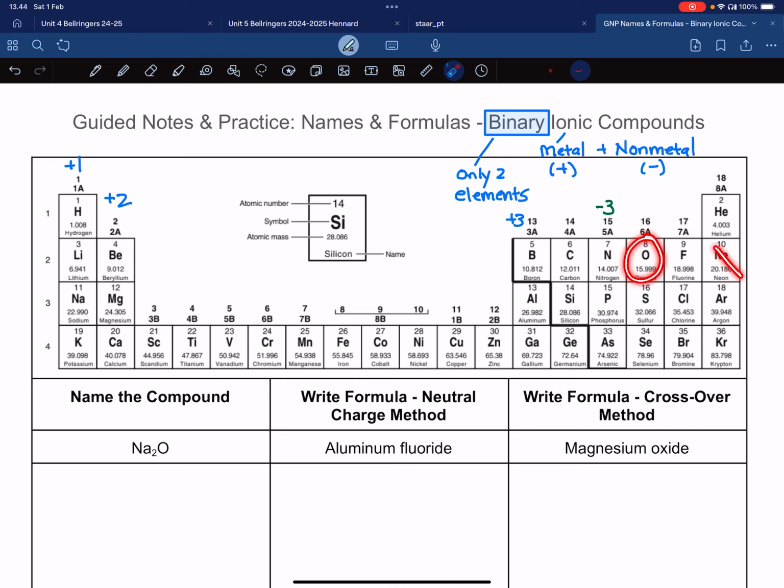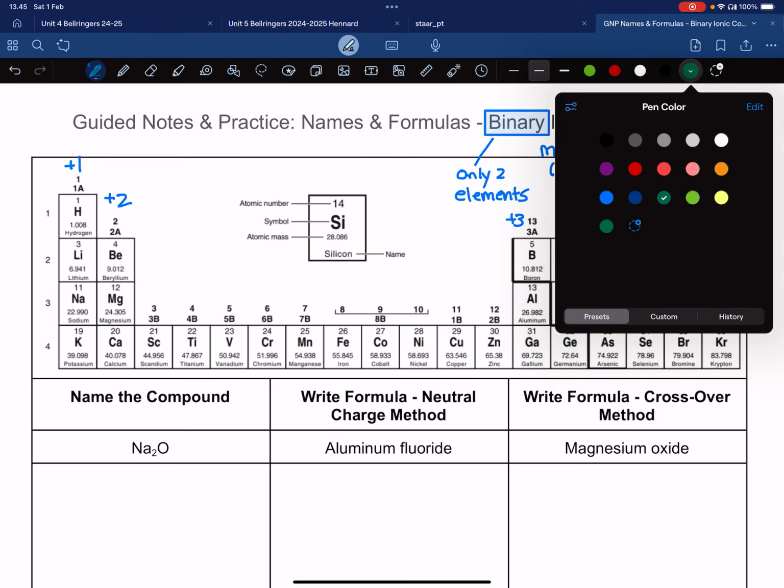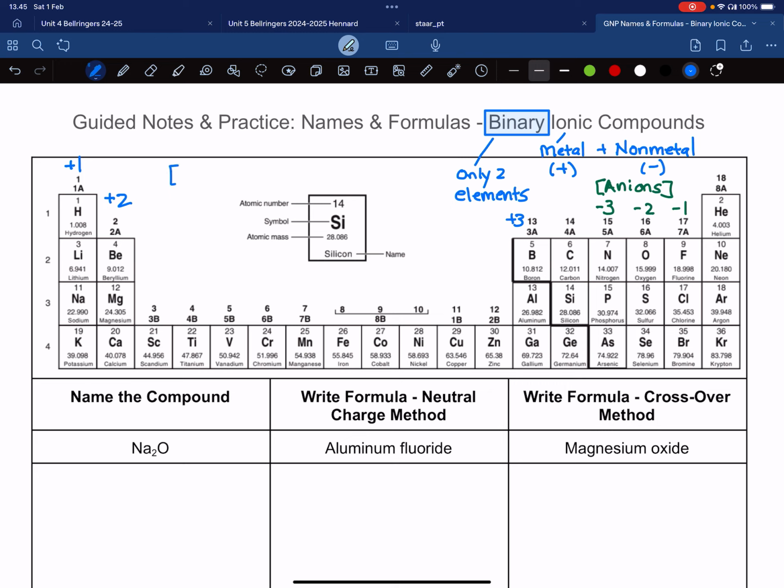Oxygen, closest noble gas neon, gains 1, 2 electrons, charge negative 2. Fluorine, closest noble gas neon, gains 1 electron, charge in that group, negative 1. The negatives are called anions, and the positives are called cations.